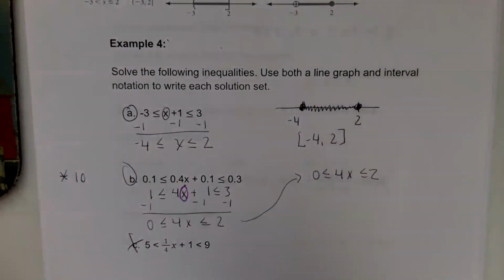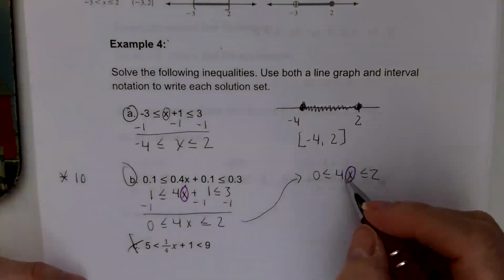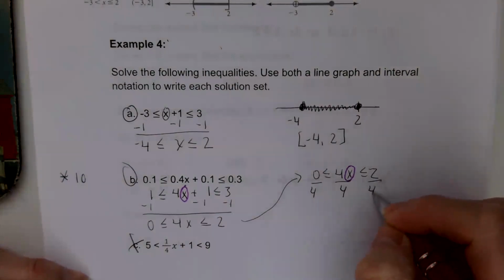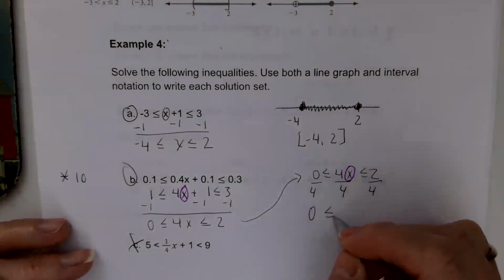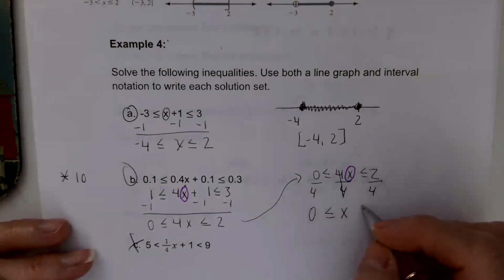And so again, I'm only worried about what's happening to x. So I'm going to divide by 4 to solve for x. That means I divide over here by 4 and I divide over here by 4. So 0 divided by 4 is just 0, is less than or equal to 4 divided by 4, which is 1. So x is less than or equal to 2 divided by 4, which is 2/4 or 1/2.